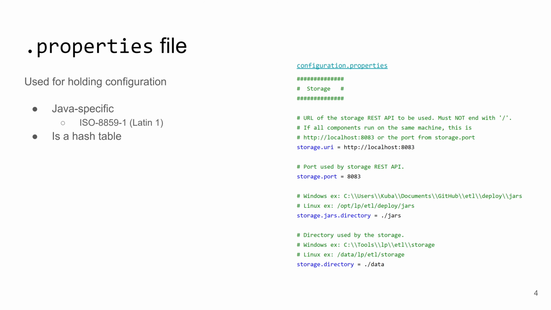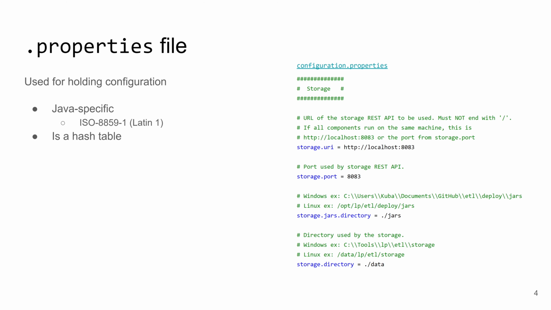It is encoded in ISO 8859-1, also known as Latin 1, ANSI, or US ASCII. Basically, you can only use US ASCII characters, and what the configuration file offers is you can have comments and you can have key value pairs, and that is it.